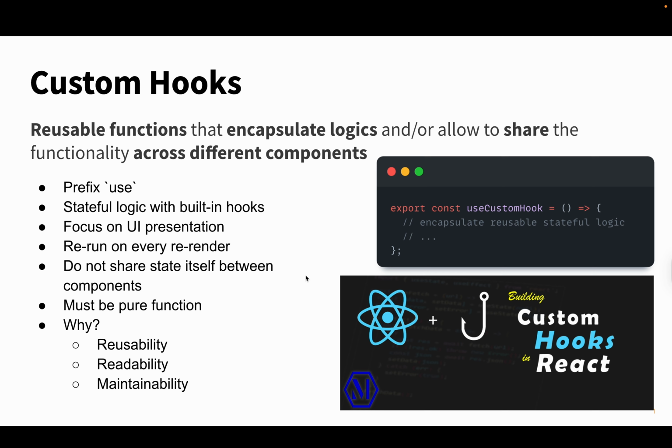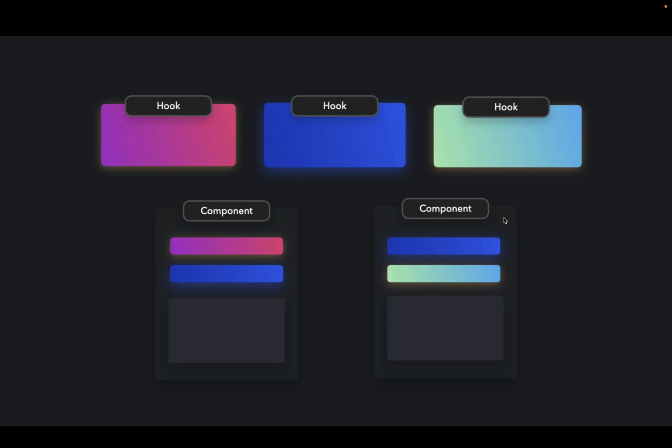And the state inside of the custom hook will not be shared across different components. As an example, hook 2 has a state called isLoading. When component 1 has isLoading true, it doesn't mean that component 2 has isLoading true. It can be false, or it can be true, or it can be something else.